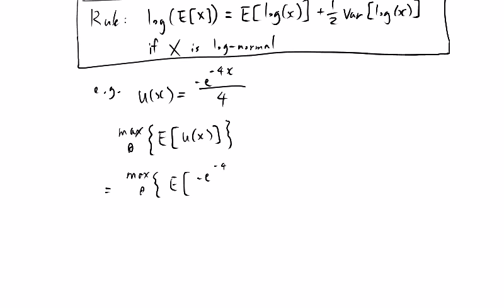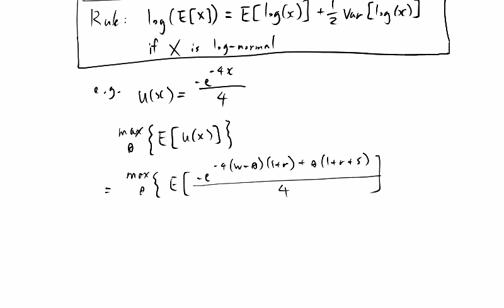I should really use W, but you know what I mean. So I'm going to write down the wealth. So you're investing W minus theta times 1 plus r plus theta times 1 plus r plus s, and closing this bracket, and then close 4.